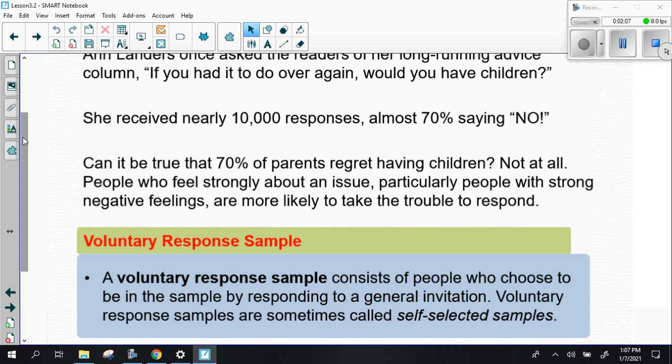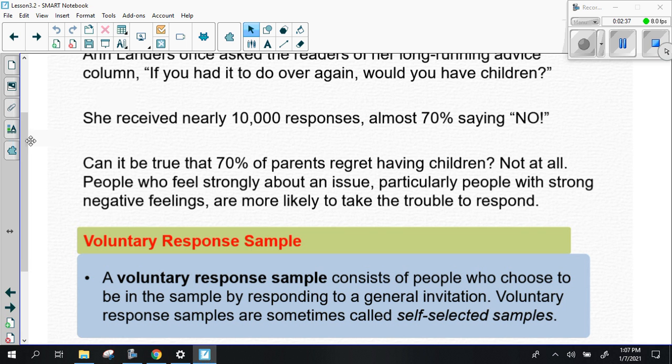No. What's happening is she asked this in some sort of an article. And of course, the people that are going to respond are the people that feel really strongly about that particular subject. So you're going to wind up having a bias towards the people that were like, you know what, you're right, I wouldn't have children if I went back and had to do it all over again.